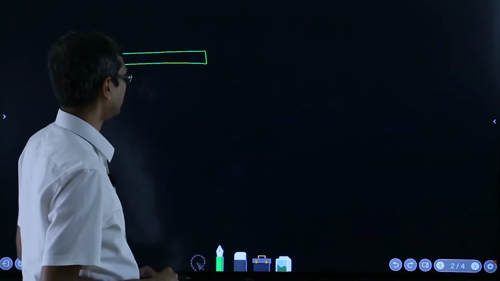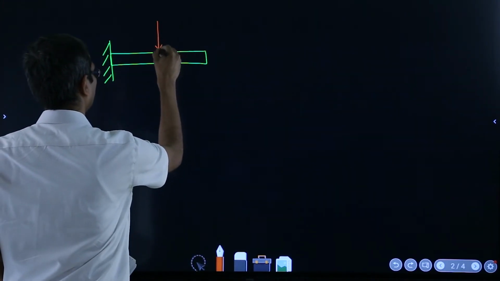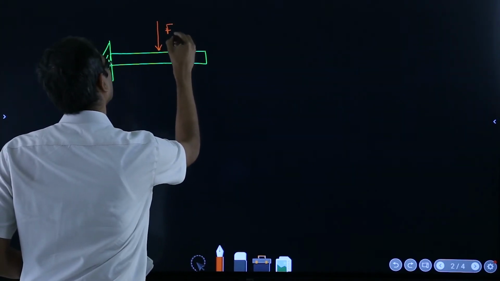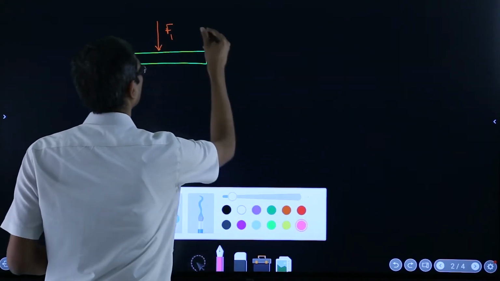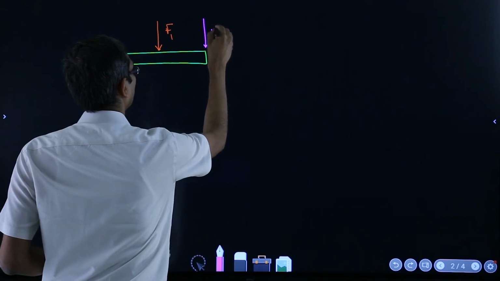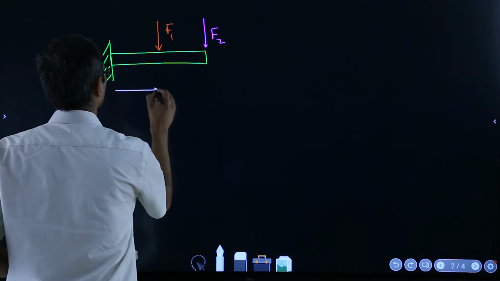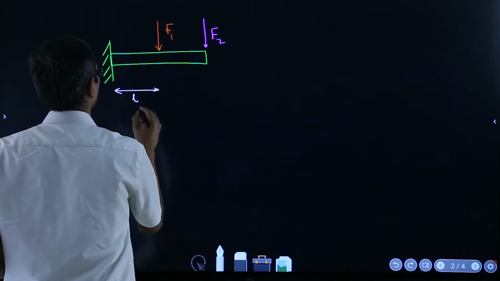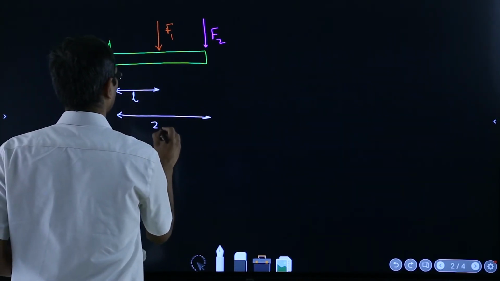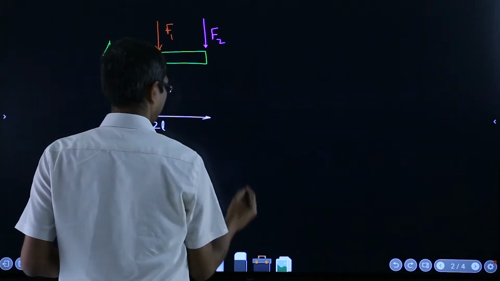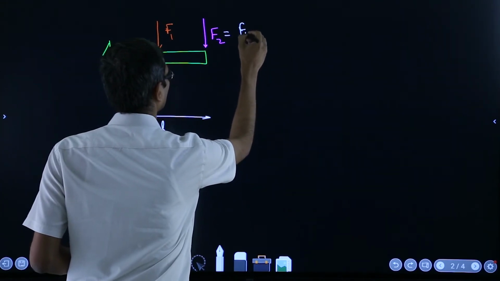So this is a beam, and now you have say a force here, F1, and say another force, F2, and this distance is say L, and this distance say is 2L, and you have F2 is equal to F1 by 2.